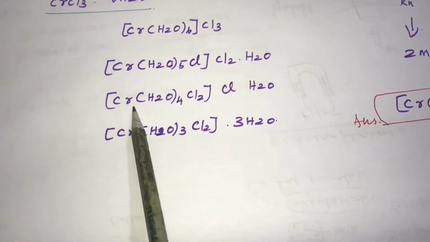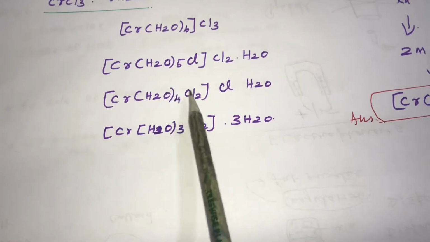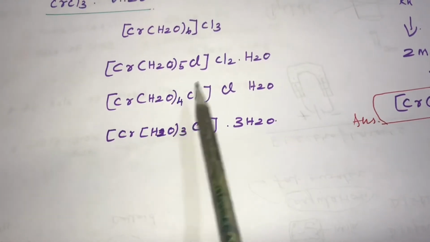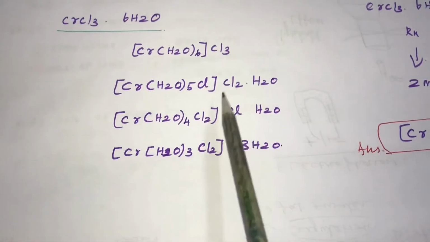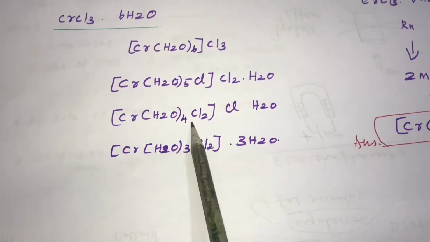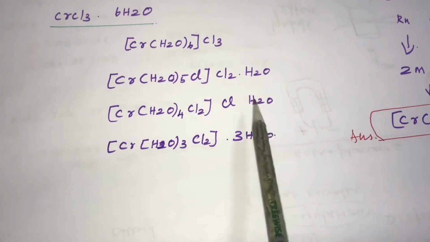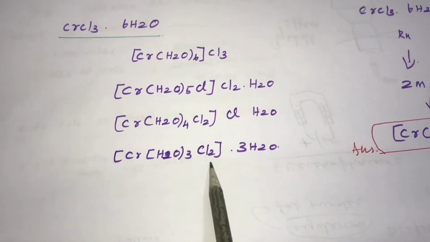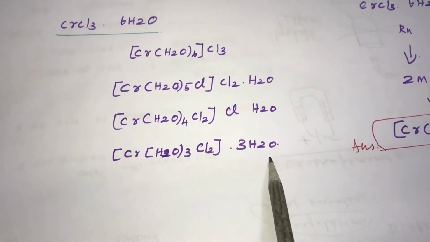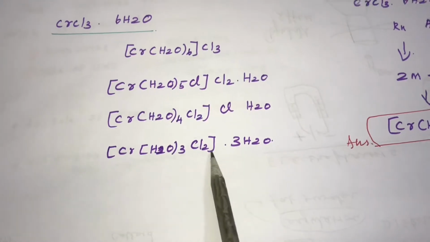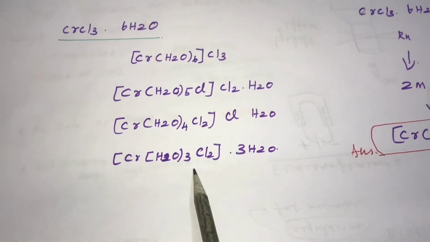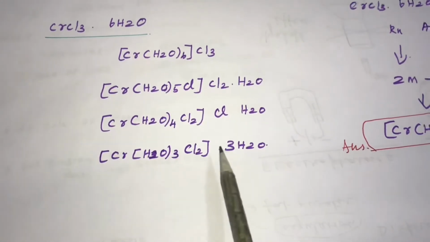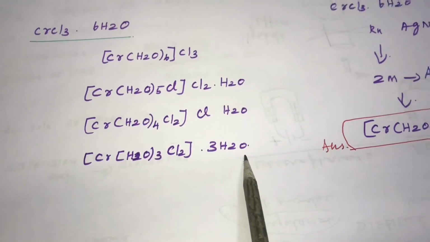The next one is [Cr(H2O)4Cl2]Cl·2H2O, with one chlorine ionizable and 2 water molecules outside the ionizing sphere. The next has 3 chlorines and 3 H2O within the sphere, and instead 3 water molecules are present outside.